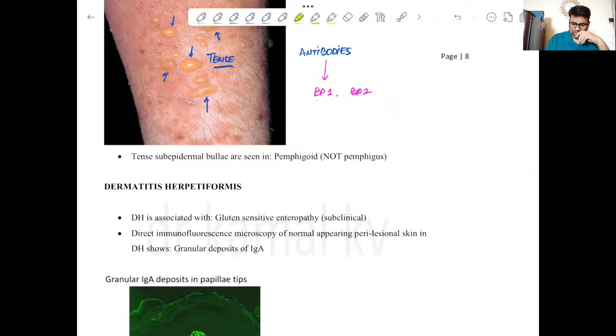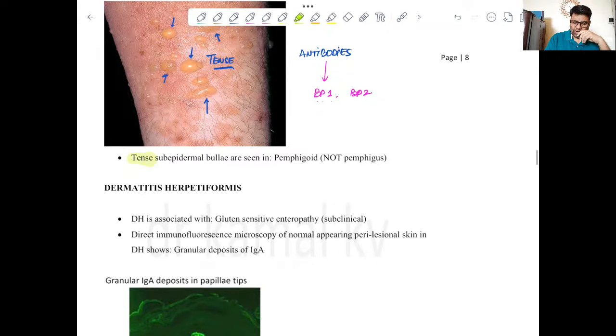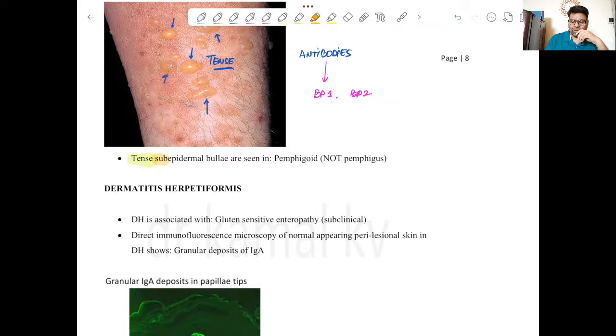So the bullae are tense, and one important thing is that the location of the bullae is subepidermal, right? So suppose this is the normal epidermis like this, then this is the area of blistering, just below the stratum basale.